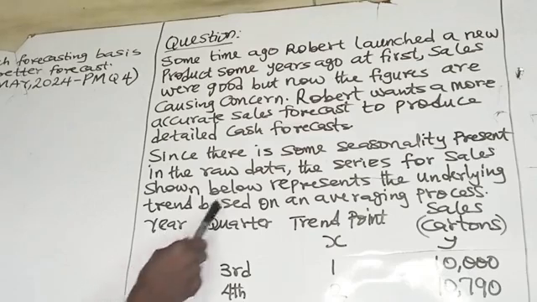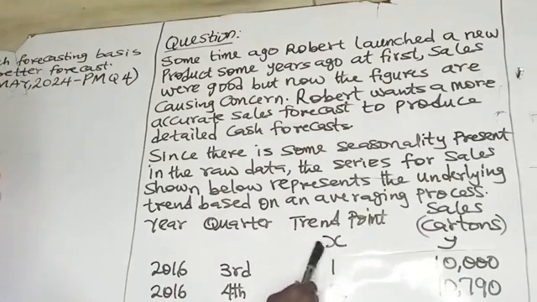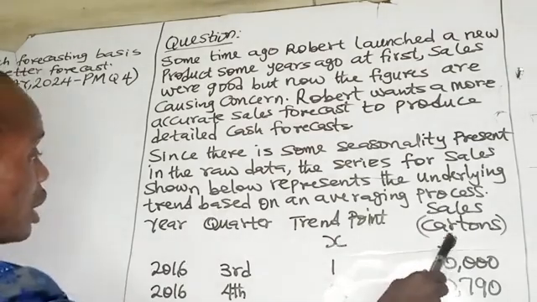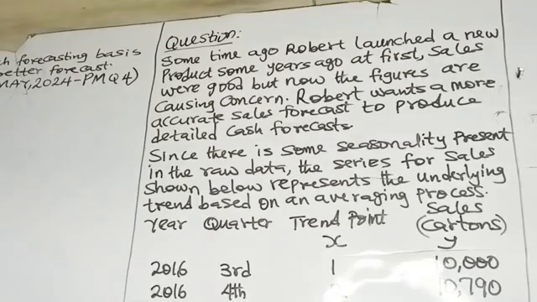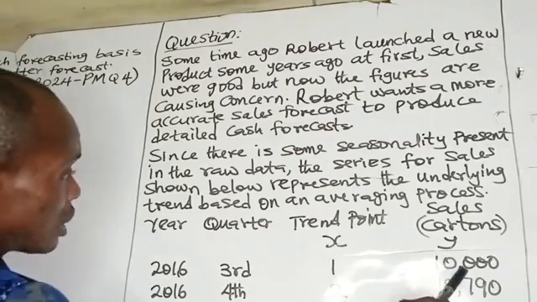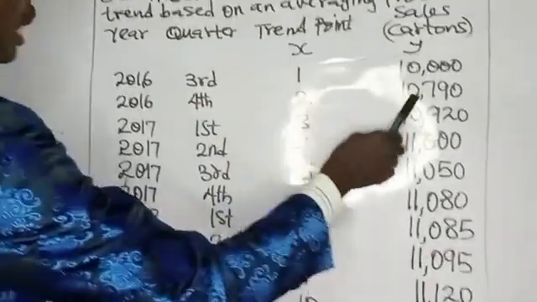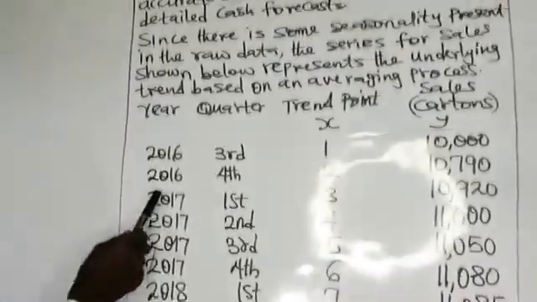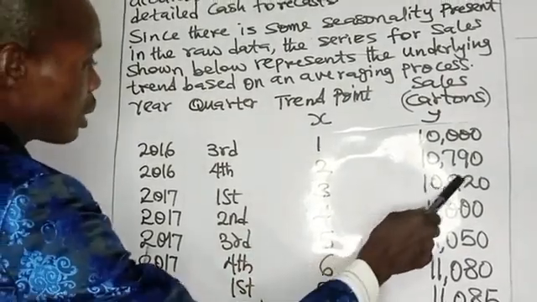We have year, quarter, trend point X, and sales in cartons denoted by Y. Third quarter of 2016, trend point is 1 and sales is 10,000. Fourth quarter of 2016, 10,790. 2017 first quarter, 10,920.